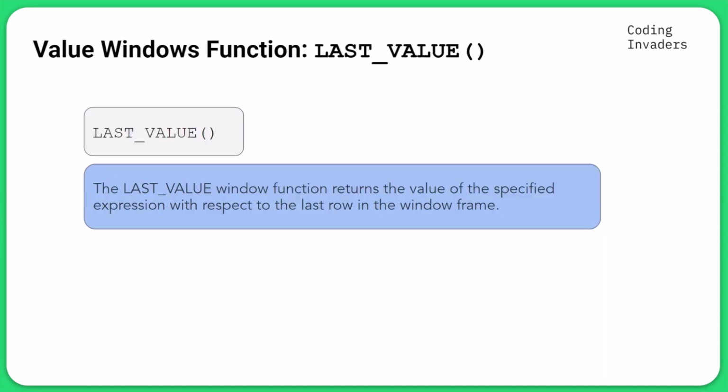Okay, so in summary, the last value window function returns the last value of a specified window frame. By default, because the frame value is between unbounded preceding and current row, it doesn't work as expected. So we have to modify the default frame clause and get the expected output from this.